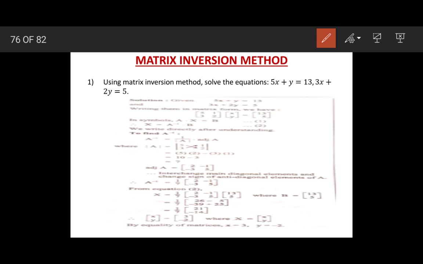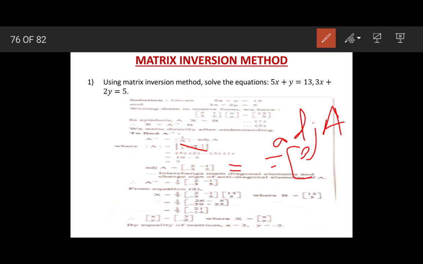Now to find A inverse, what we have to do? We have to find the adjoint of A, right? The adjoint of A will be the transpose of the cofactors. Since this is a 2 by 2 matrix, we just interchange the values of a and d.